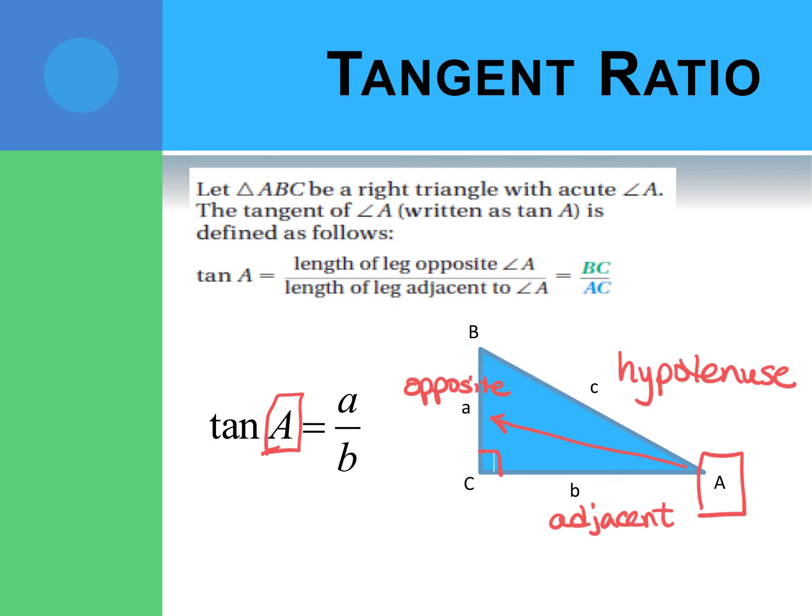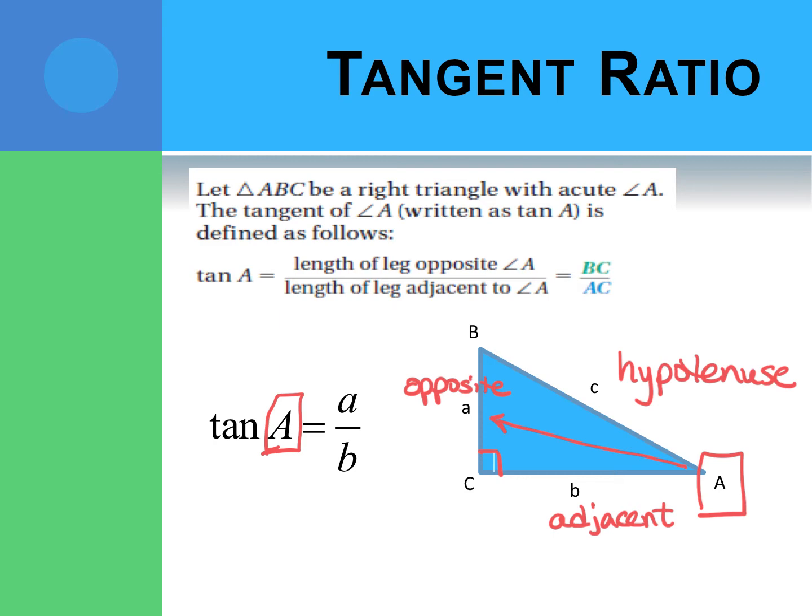Again, the hypotenuse will always be across from the right angle. And then whatever angle they're asking you to find the ratio for, that's where you're going to put in the label of opposite and adjacent.